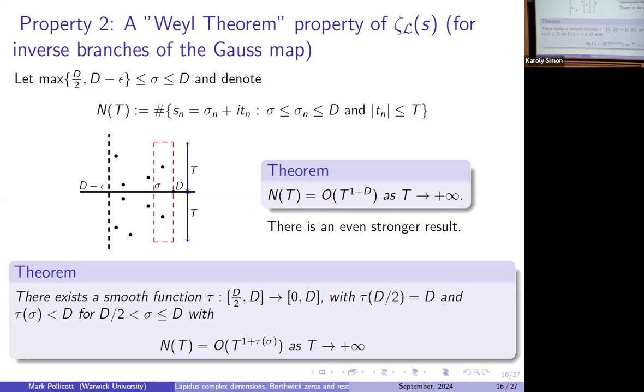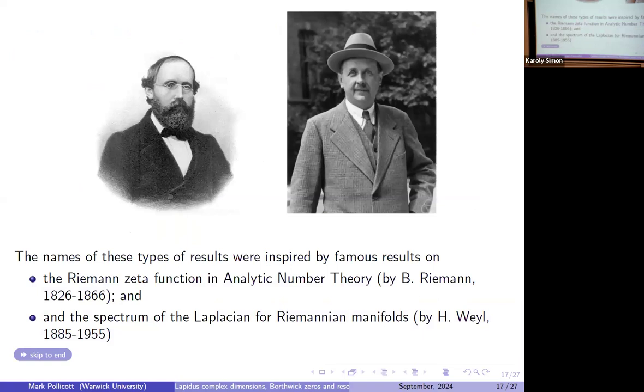And the original result was about counting eigenvalues for the Laplacian, which could be interpreted in terms of poles for that zeta function. And the analog of that in this case would be this statement here. Let's just try to explain why it has this kind of funny name, which you can just ignore. And here's a picture of Riemann, who passed away just before the age of 40, which doesn't tell us very much.